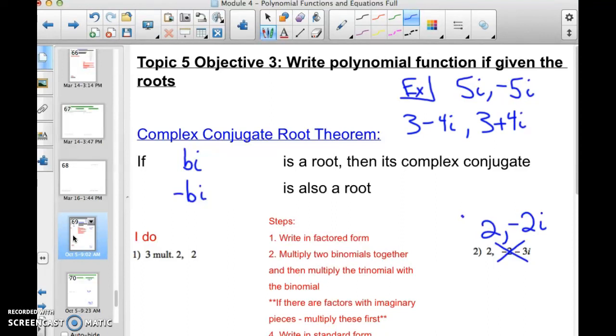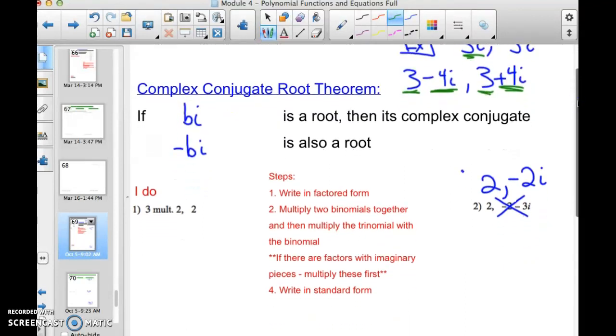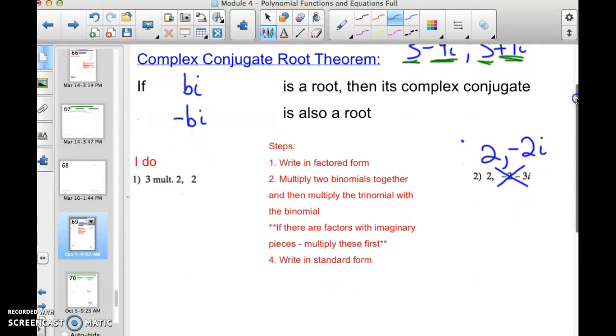And if you notice, I don't change the sign of the real number 3. Those always stay the same. The only thing that switches is the sign of the imaginary piece. It went from -4i to complex conjugate +4i. And up here it was a +5i, so I had to include the negative version of that imaginary piece. So anytime you see an imaginary solution, know that its complex conjugate also exists, and you need to write and work with that as well.